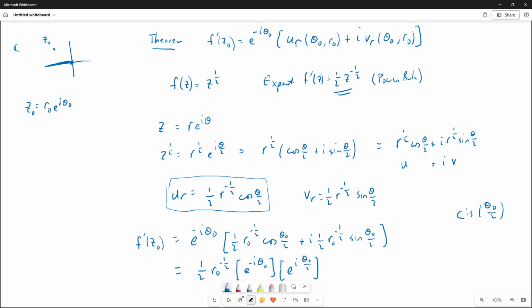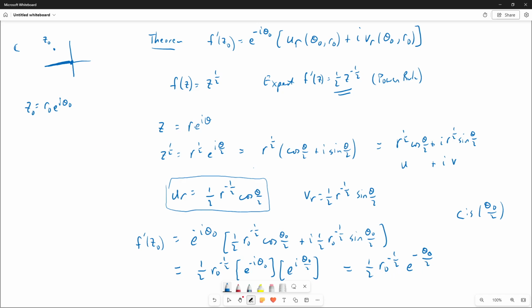We want to put it in the exponential form, and that way we can multiply these most easily. So this is 1/2 r0 to the minus 1/2, and then e to the power... We have to add the exponents here, and it looks like we have negative theta 0 over 2.